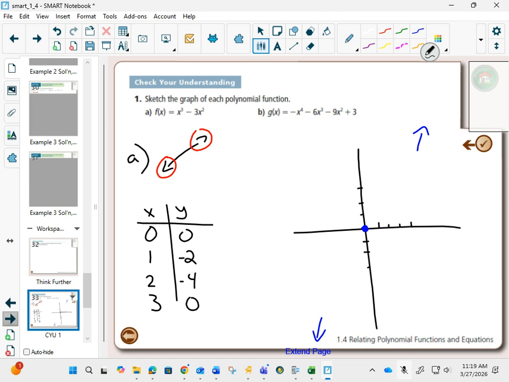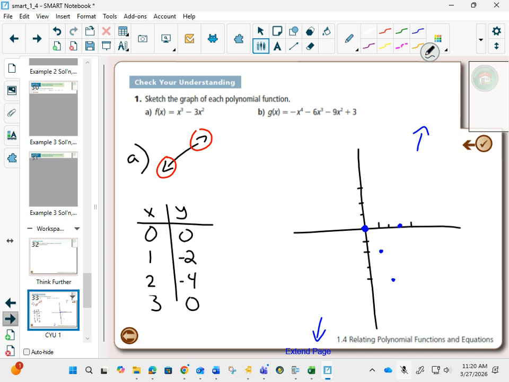So 1 was at -2, 2 was at -4, and 3 was back at 0.